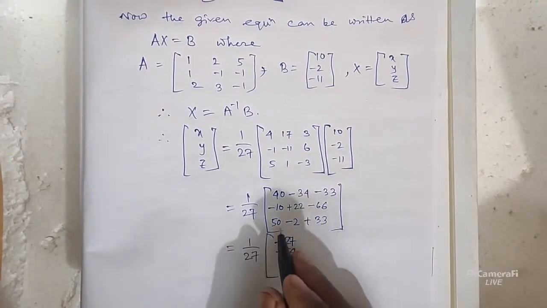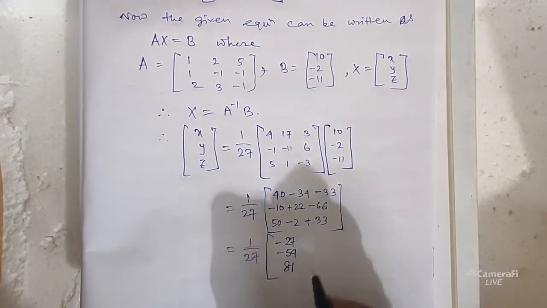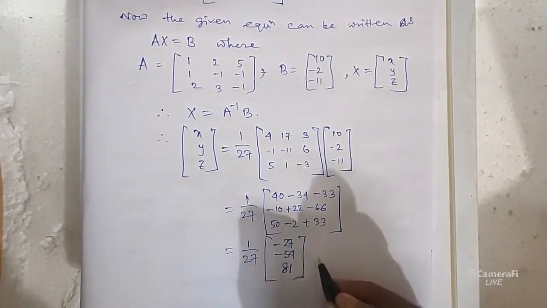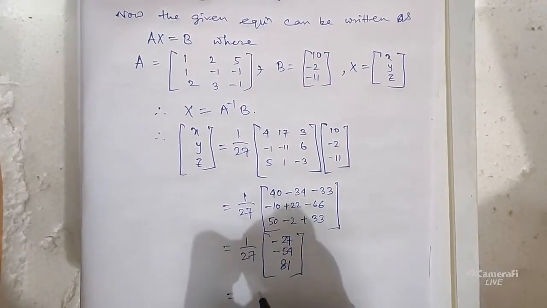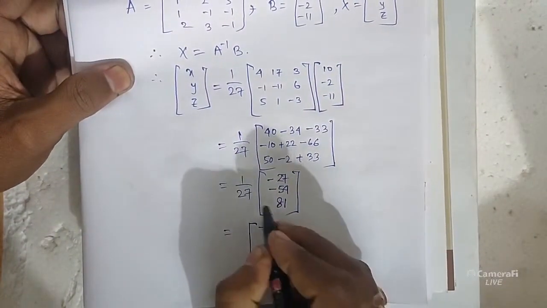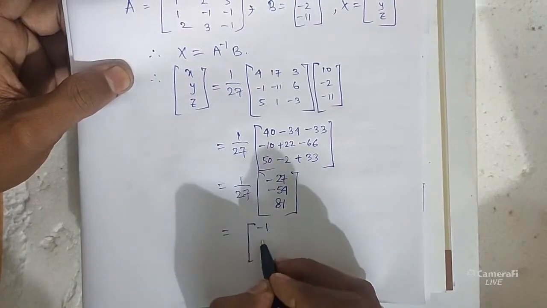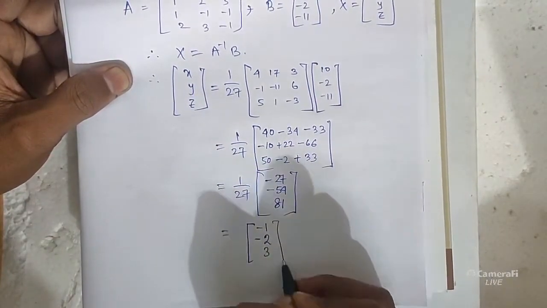And here 83 minus 2, that is 81, which implies minus 27 by 27, that is minus 1. So minus 1, minus 54 by 27, that is minus 2, and 81 by 27 is 3.